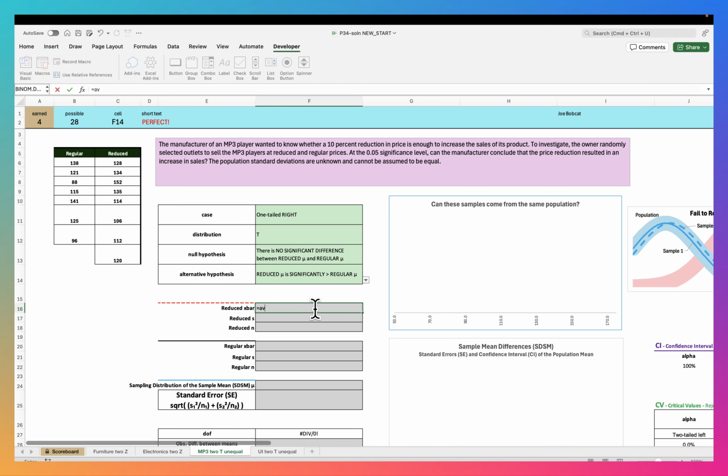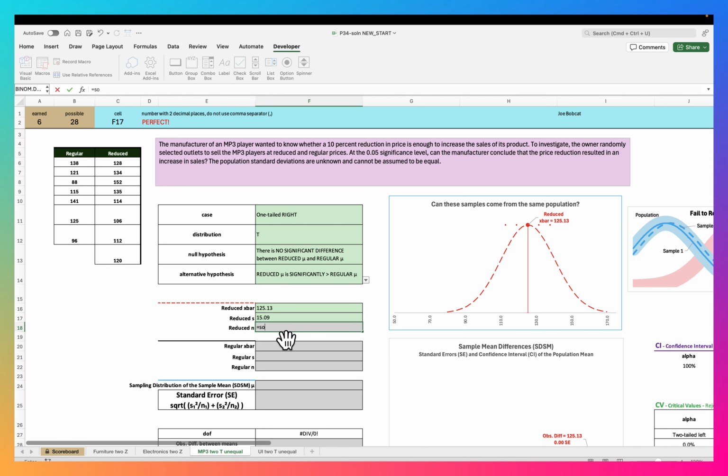So let's get the average of reduced, and reduced standard deviation. So now we're calculating the standard deviation of the sample. Remember, previously, we were just given the standard deviation of the population.